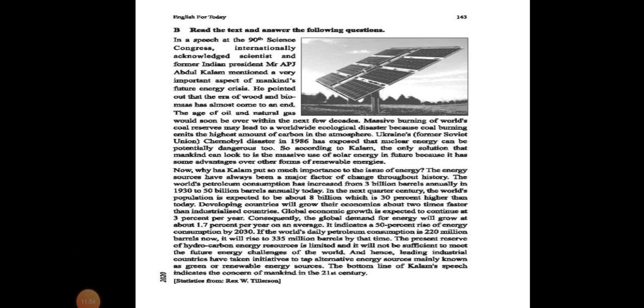Yes, it is internationally recognized. That congress, that assembly has been recognized internationally. Acknowledged scientist and the former Indian President Mr. APJ Abdul Kalam mentioned a very important aspect of mankind's future energy crisis.